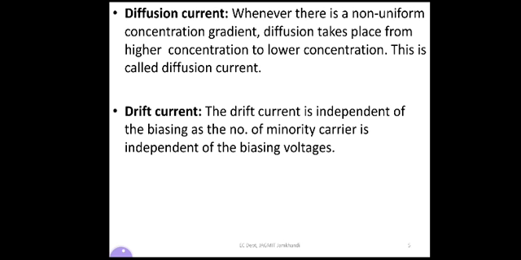As shown in the previous figure, the electron and hole diffusion currents are both directed from P to N and drift currents are from N to P, and the net current crossing the junction is 0 at equilibrium.